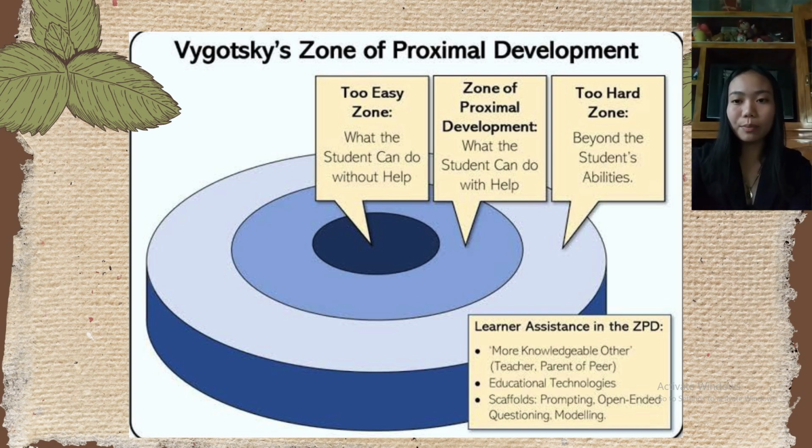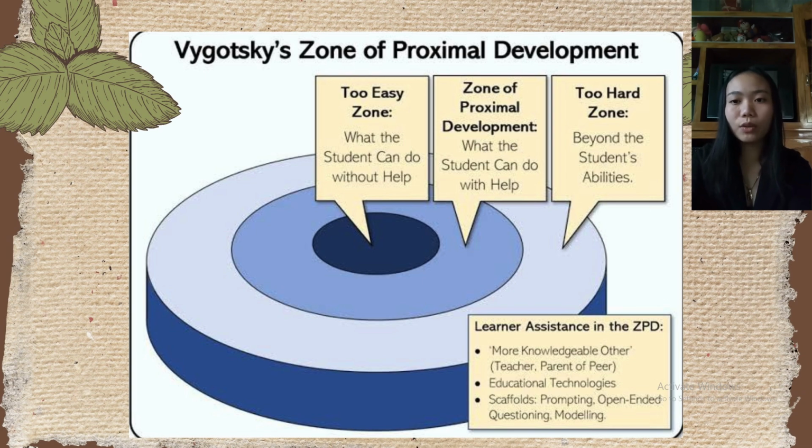The illustration depicts Vygotsky's zone of proximal development, a concept in educational psychology. The illustration shows three concentric circles representing different levels of difficulty for a learner. The innermost circle represents the too easy zone, where the student can complete tasks without guidance or assistance.